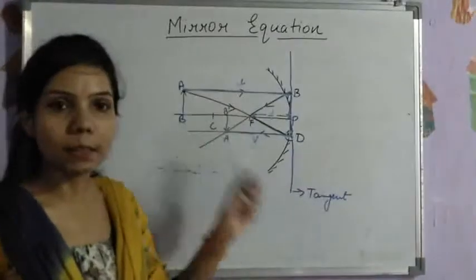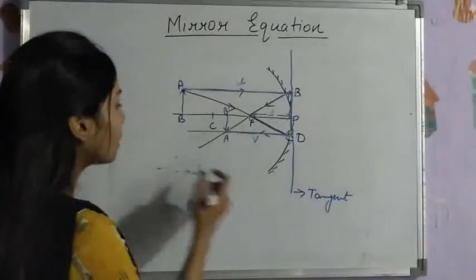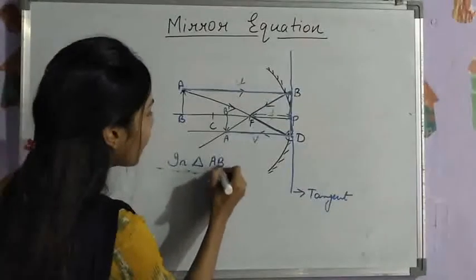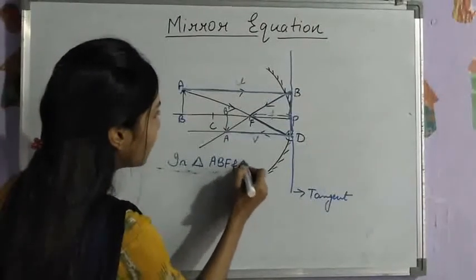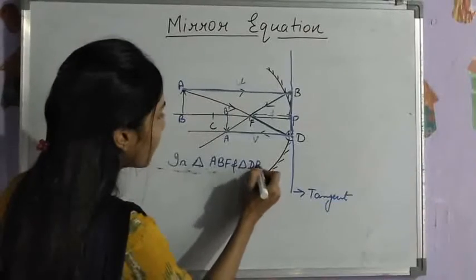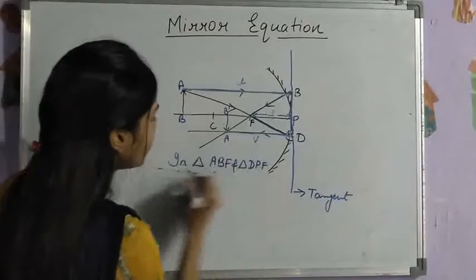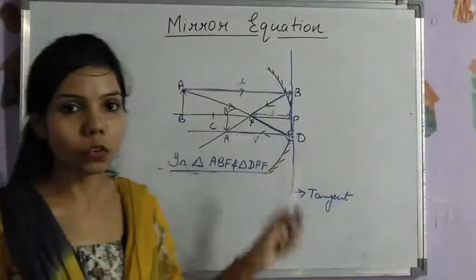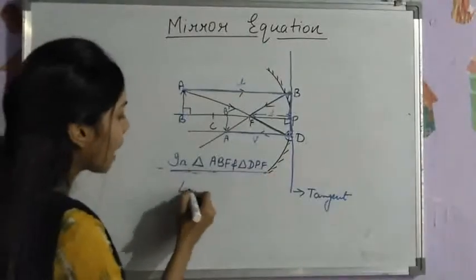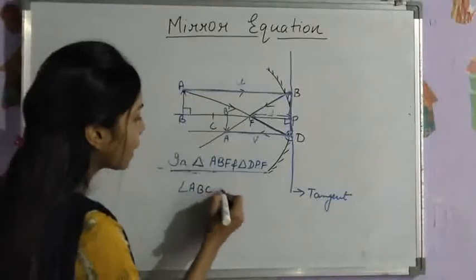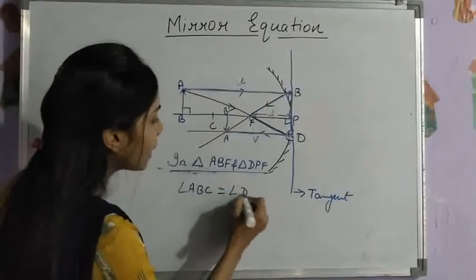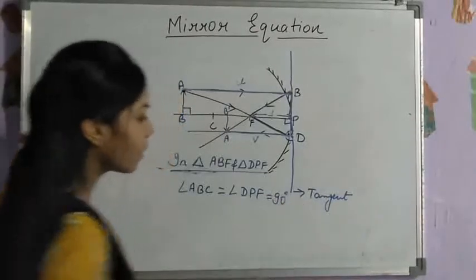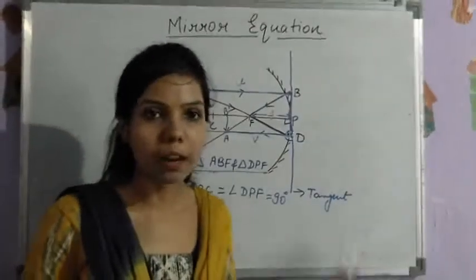How come? Let us consider triangle ABF and triangle DPF, right? What is the similarity between these 2 triangles? We have angle ABF equal to angle DPF equal to 90 degrees. This is the first similarity.